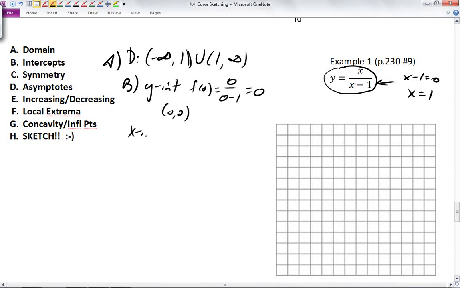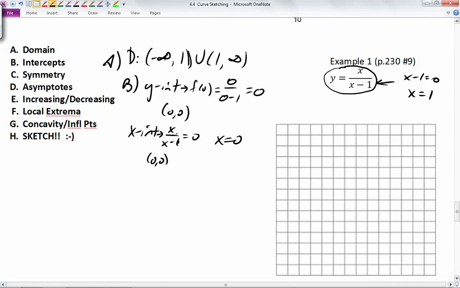And the x-intercepts are going to be where the function equals 0. Well, again, this is a fraction. This is a rational expression. So the fraction will be 0 when the numerator is 0. Okay, 0. Well, we already knew that the point 0, 0 was there because we found it as the y-intercept. So it is, of course, also an x-intercept. But we see there are no other x-intercepts.